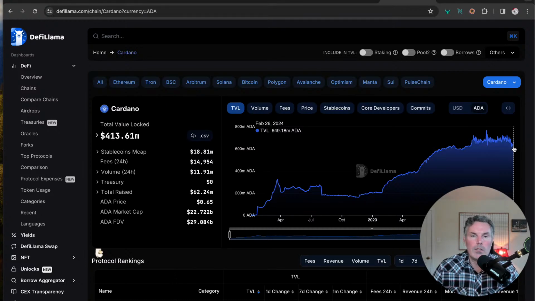So if you are investing in Ethereum, you have a different wallet than if you have Cardano, right? You can't just take Ethereum and deposit it to Cardano's wallet or vice versa.